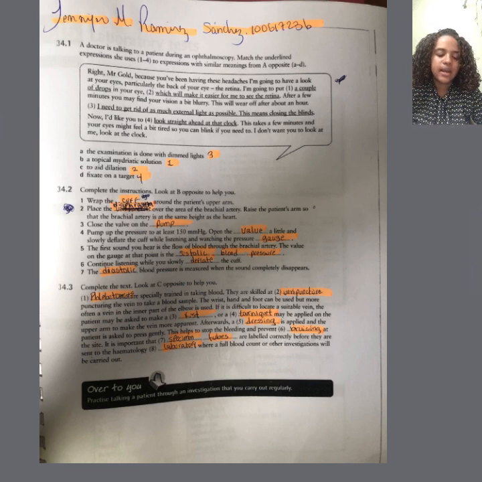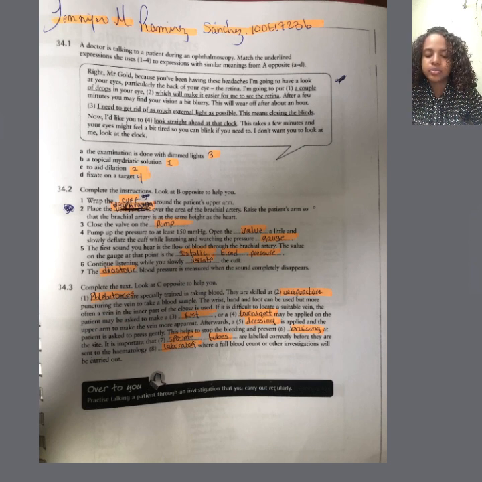Right, Miss Middlegold, because you have been having blurry vision, I am going to have a look at your eyes, particularly the back of your eye, the retina.